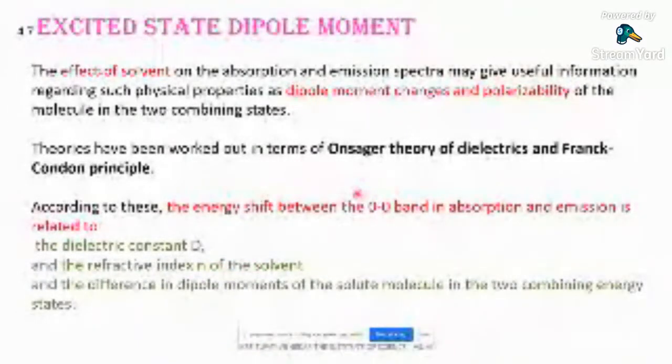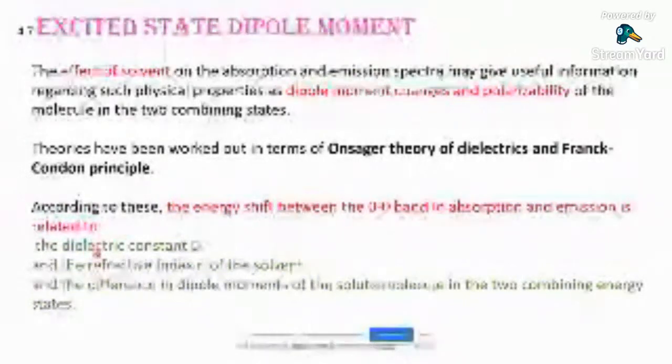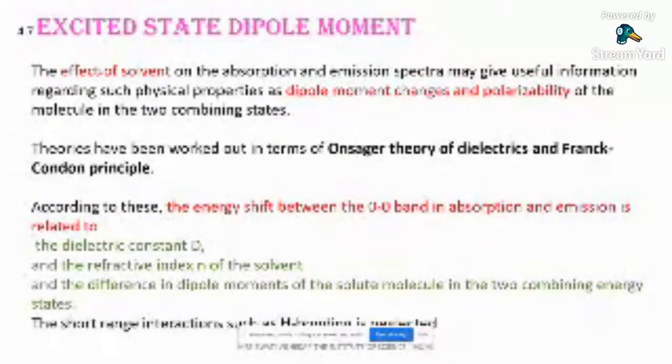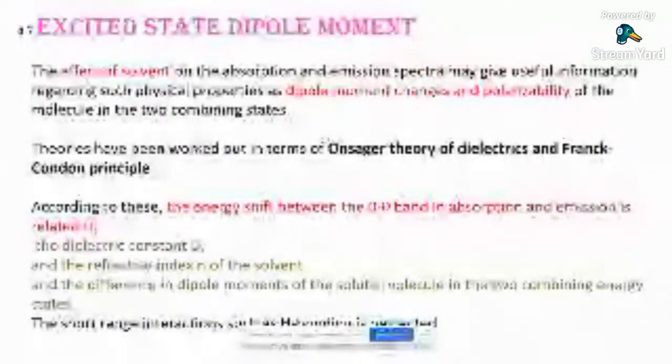According to this, the energy shift between the 0-0 band in absorption and emission spectra, that is from green to red, is related to the dielectric constant of the solvent, the refractive index of the solvent, and the difference in dipole moments of the solute molecule in the two combining energy states. The short range interactions, which are the hydrogen bonding interactions, are neglected here.